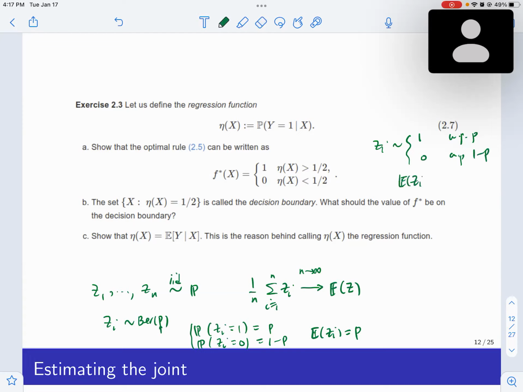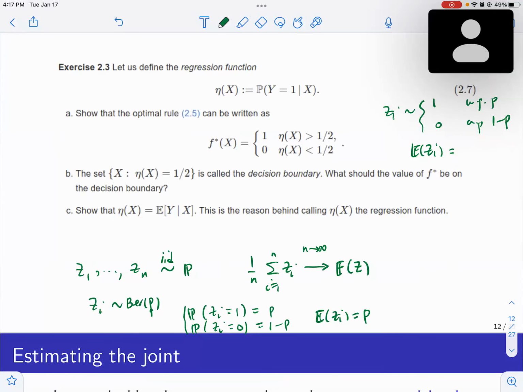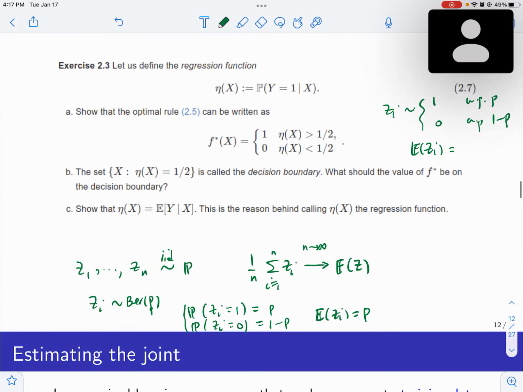Expectation of Y. Expectation is like a weighted average of the values that a random variable takes, with the weights being the probabilities. That's the intuition. Sometimes it's an integral, sometimes it's a sum, but it's just a weighted average of the values that you take, where the weights are the probabilities of taking those values. So I'm going to average these two with these probabilities: p times 1 plus 1 minus p times 0.